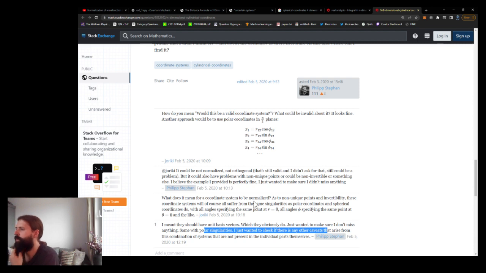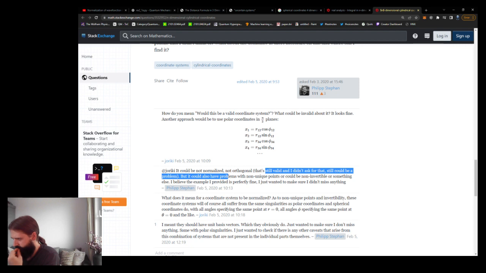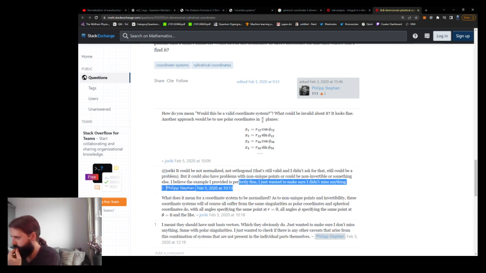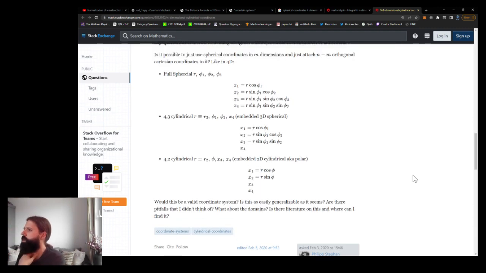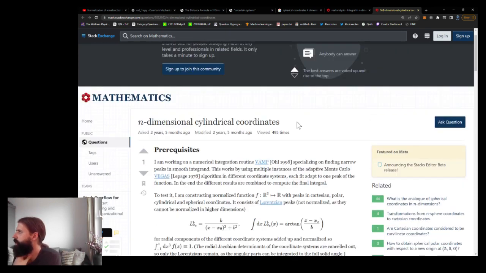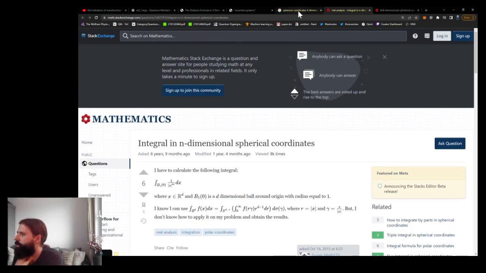How do you mean, would this be a valid coordinate system? This almost seems like too crazy for that exercise.